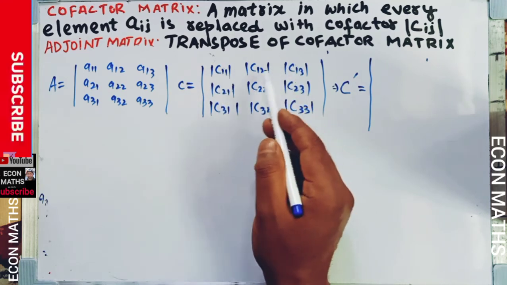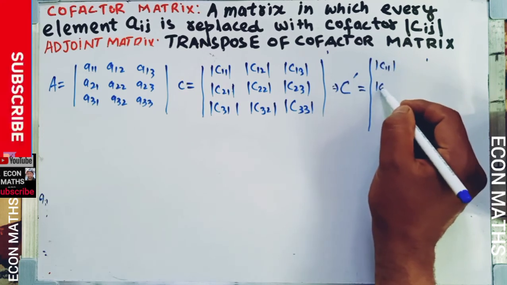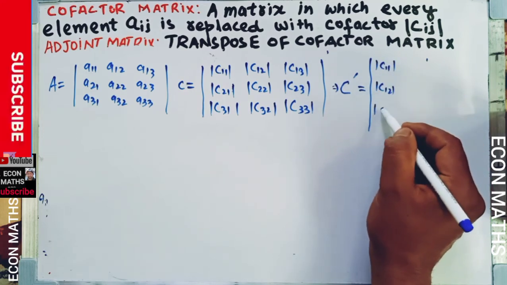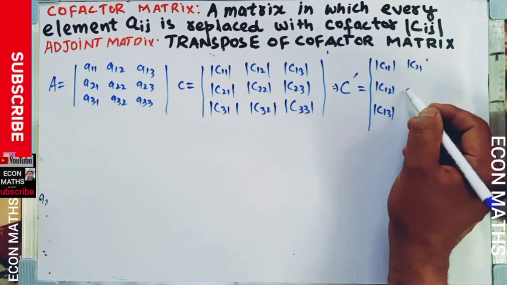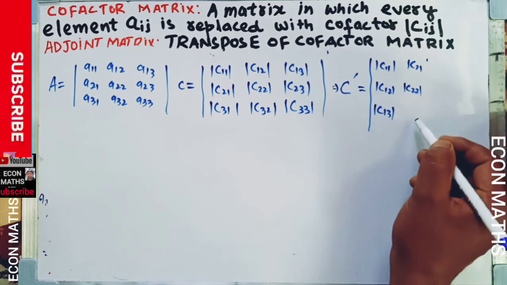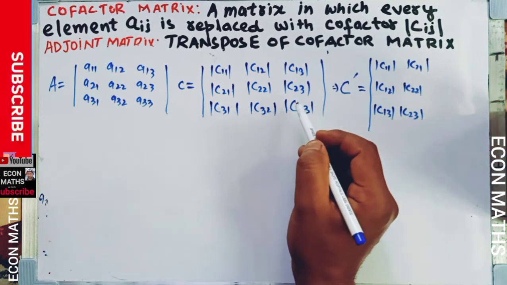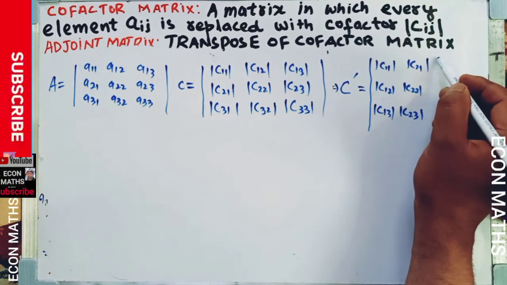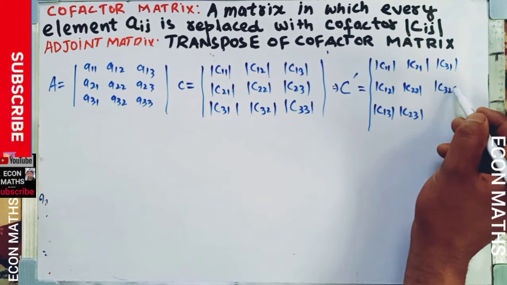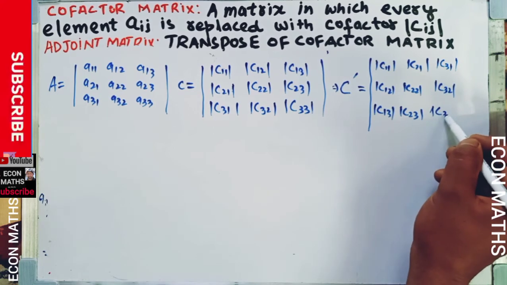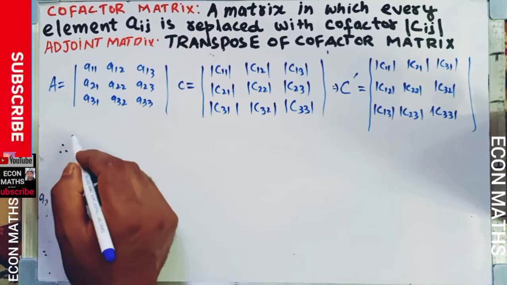So this row will become the column, here C11, C12, C13. Similarly, this will become C21, C22 and C23. Similarly, this row will become the column, that is C31, C32 and C33.